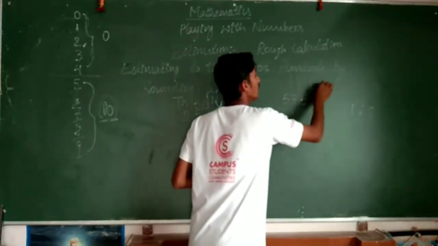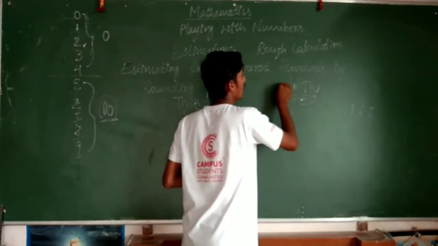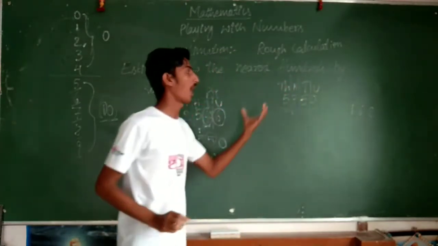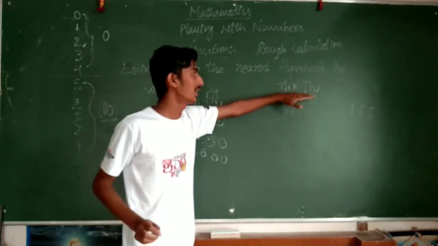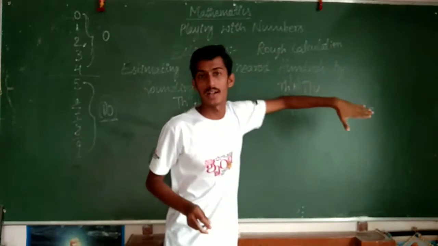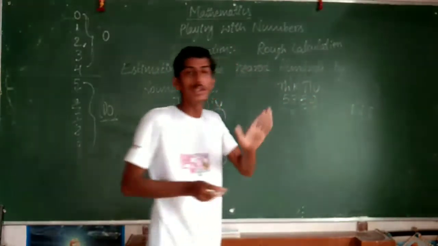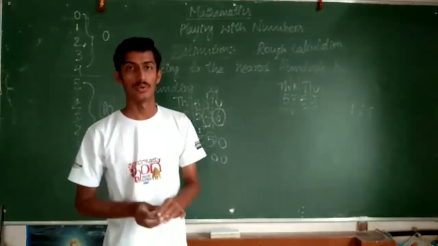First unit place and second 10 place, 100 place and 1000 place. We have not bothered about 100 and 1000 place because we have to round to the nearest 100. That means we have to put a 0 in unit place and 10 place only.